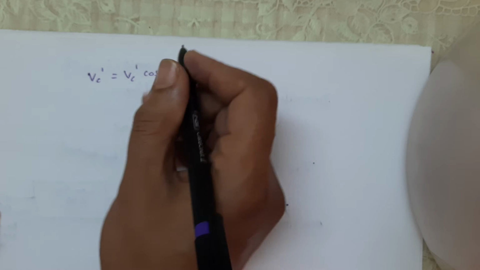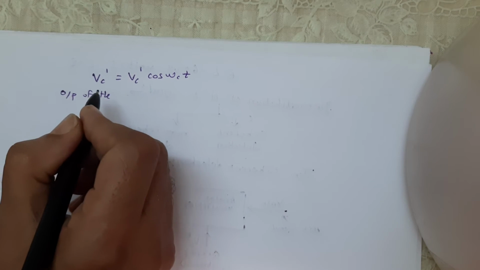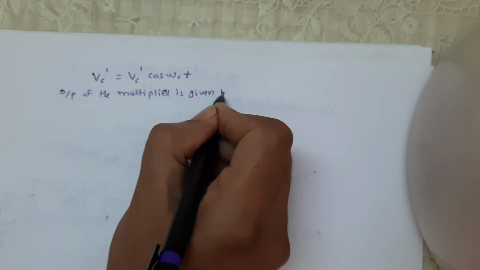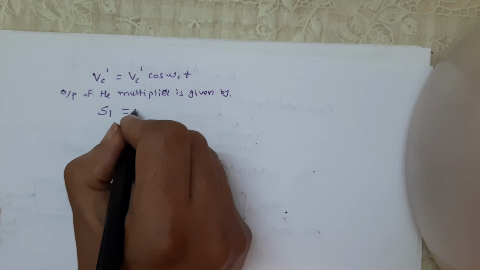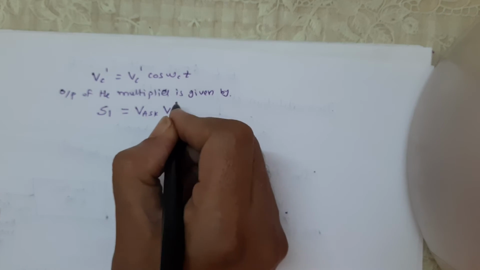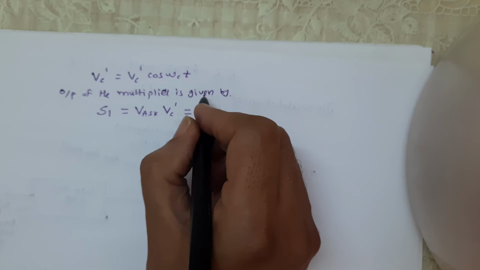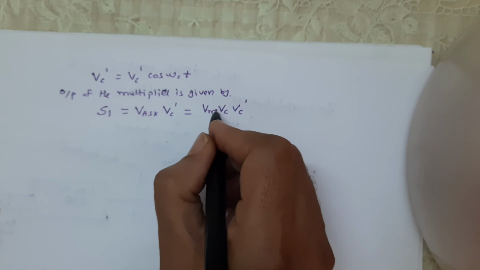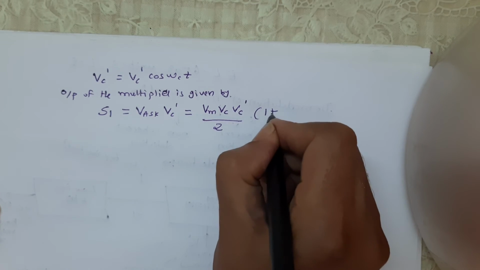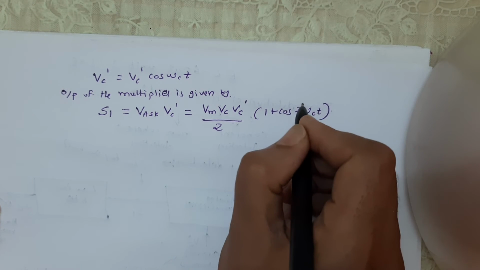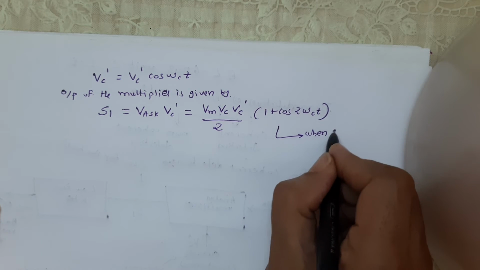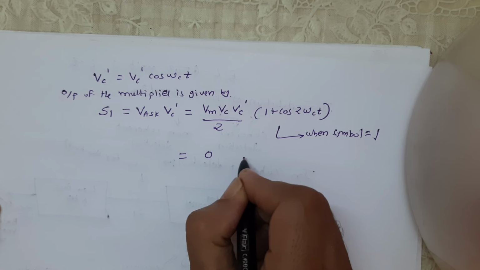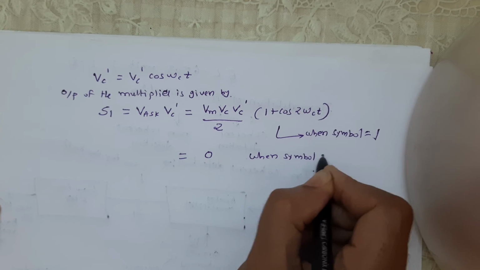The output of the multiplier is given by S1, which is equal to VASK times Vc dash, and that is equal to Vm Vc Vc dash upon 2 into (1 plus cos 2 omega Ct) when the symbol is equal to 1, and it is equal to 0 when the symbol is 0.